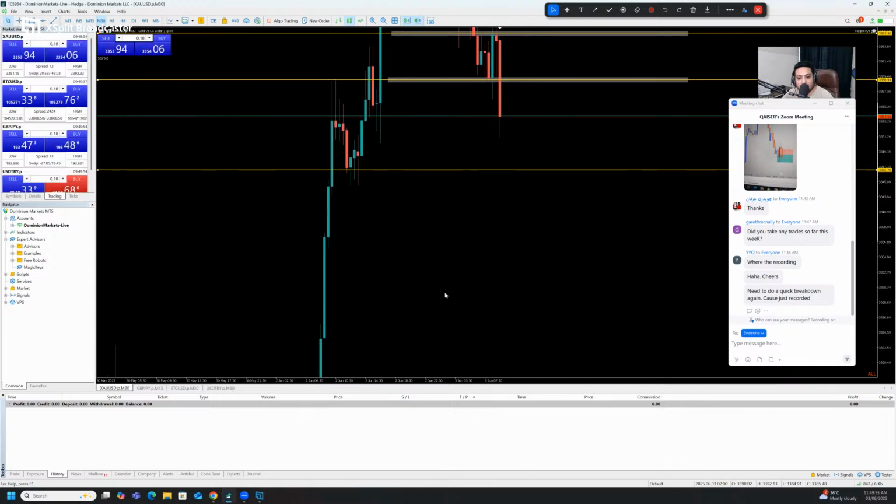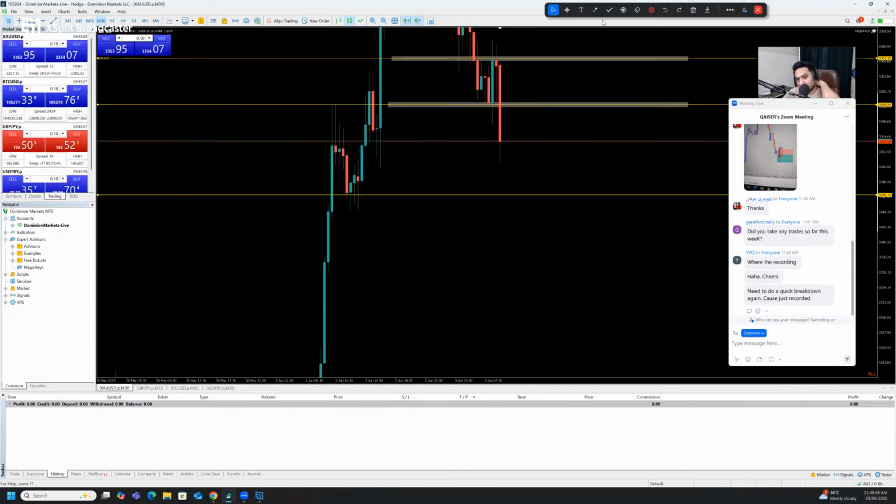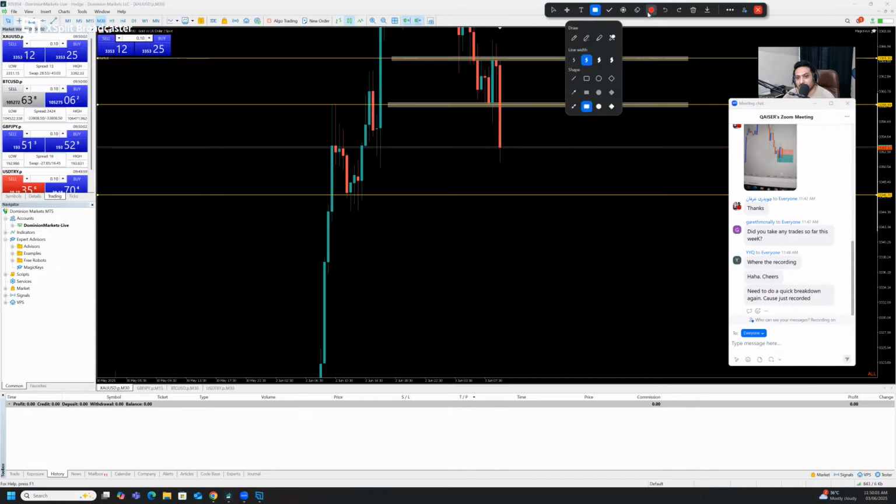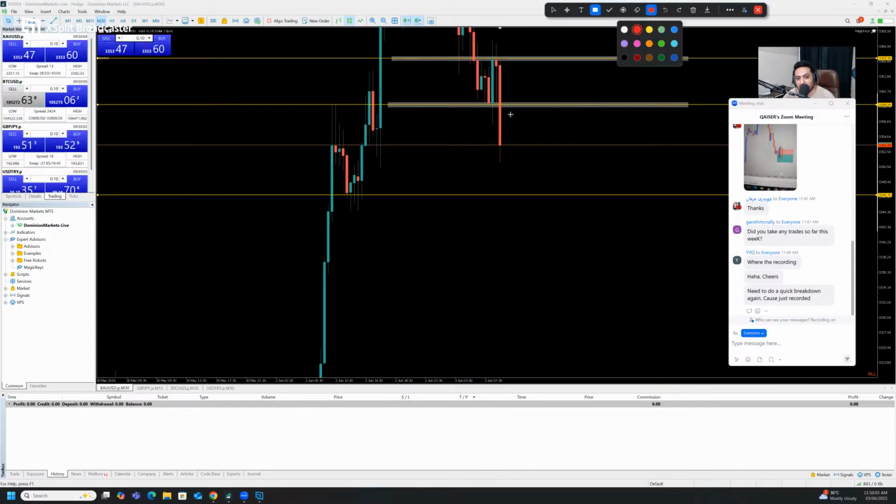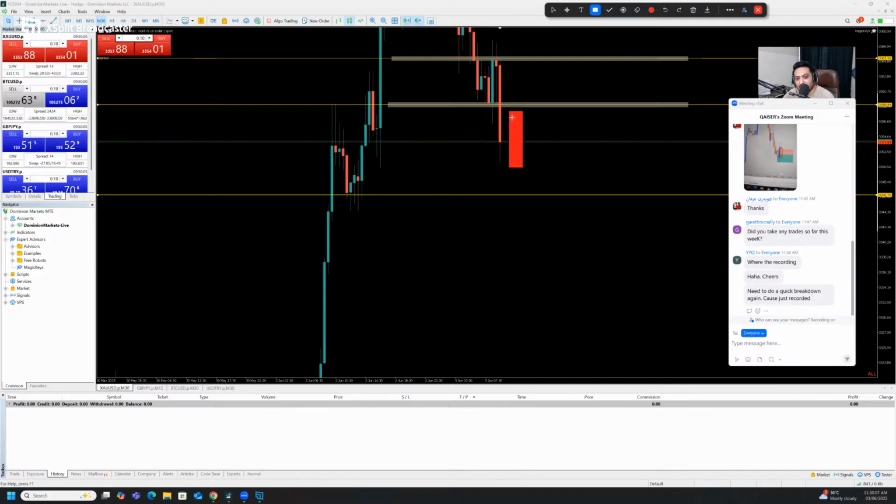You know what I will do? I will just wait for some kind of structure. I need to see something printed like this. If it's going to the downside, I want it to continuously push down, and then stop here. After stopping, if it creates some kind of great structure for buys, then I will take a buy.